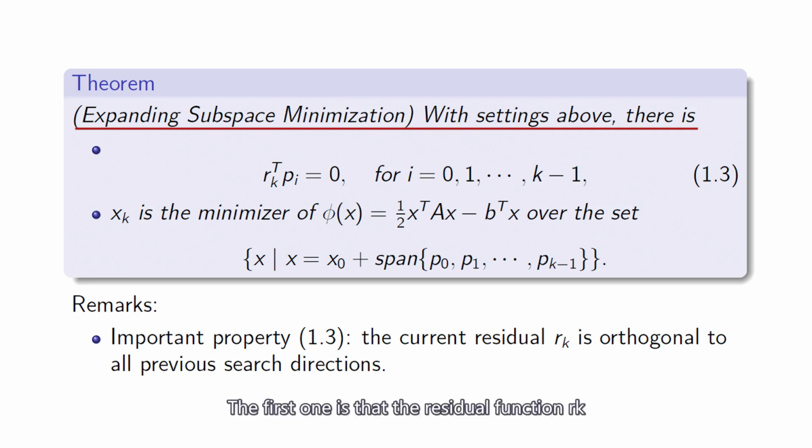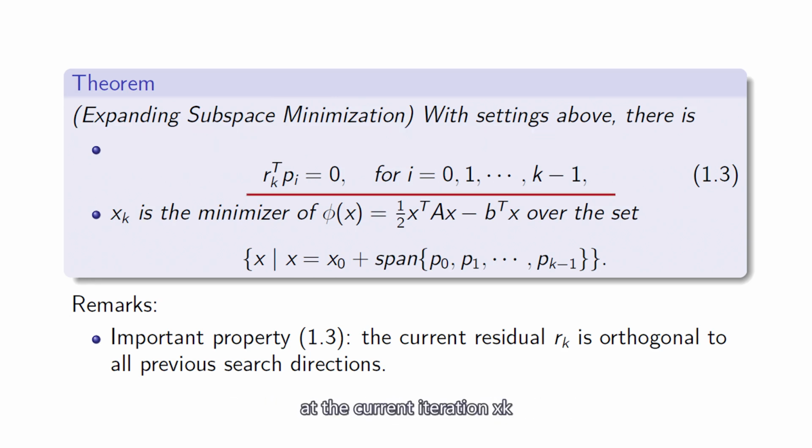The first is that the residual rk at the current iterate xk is orthogonal to all the previous conjugate search directions p0 to p_{k-1}.